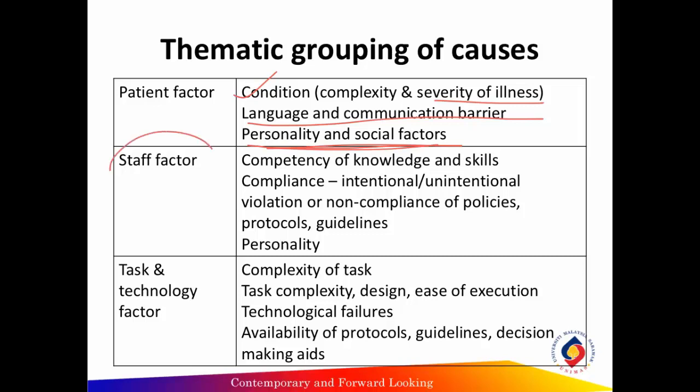Second is the staff factors, and this includes the competency of the staff, the doctors, the nurses, paramedics, their knowledge and skills, even attitudes. Second is the staff's compliance to existing protocols, existing rules and regulations, either intentional or unintentional violation or non-compliance of all the policies, protocols, guidelines.